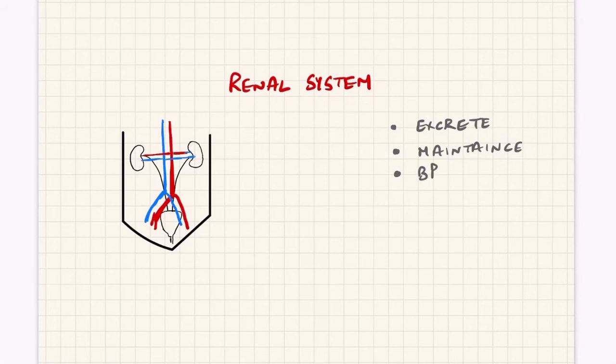Now the kidneys also produce some hormones, like erythropoietin and renin, which I'm going to be covering in detail in the further lectures. Your kidneys are also responsible for acid-base balance, maintaining the pH neutrality of the blood.